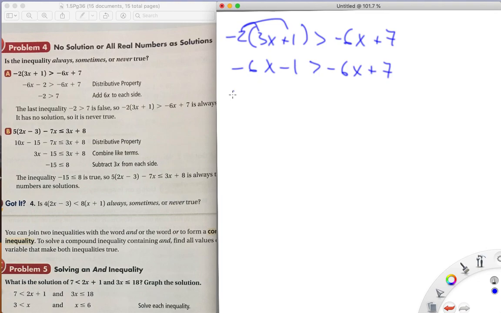Yes, this is the route to go. I'm going to add 6x to both sides. The negative 1 drops, the greater sign drops, and the 7 drops. Negative 1 is not greater than 7. So this doesn't exist. This is never true.